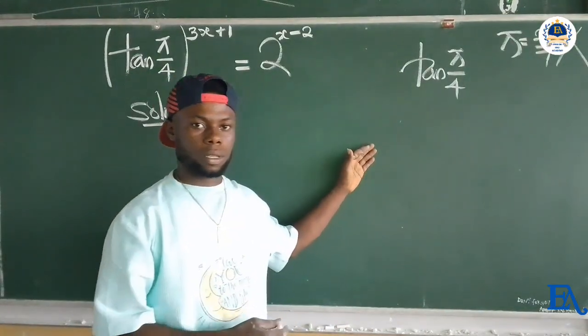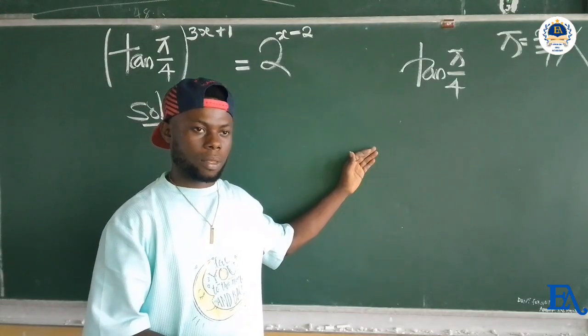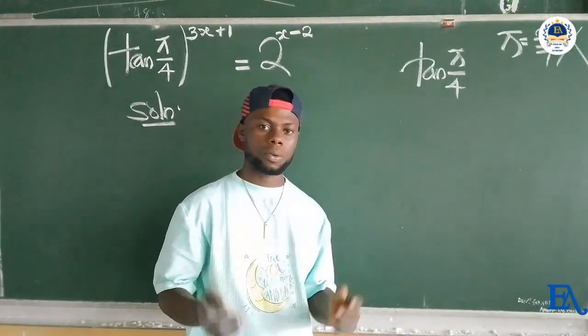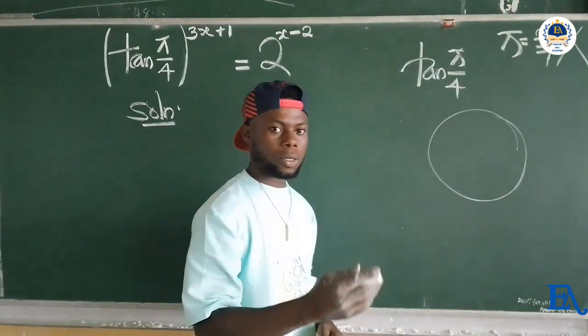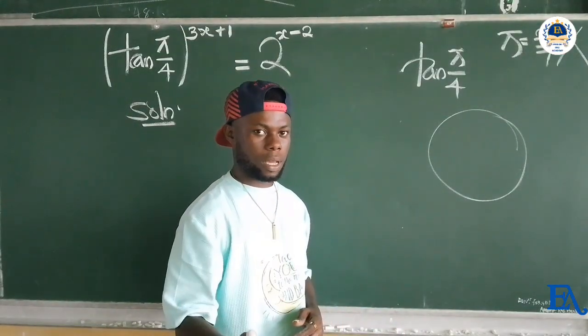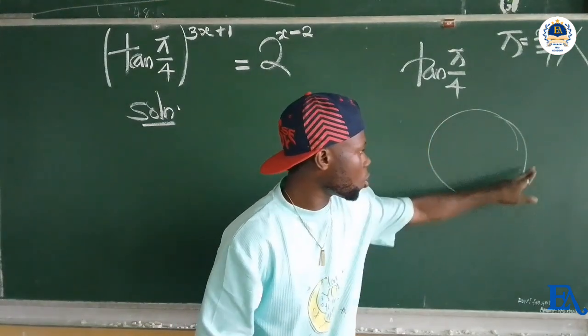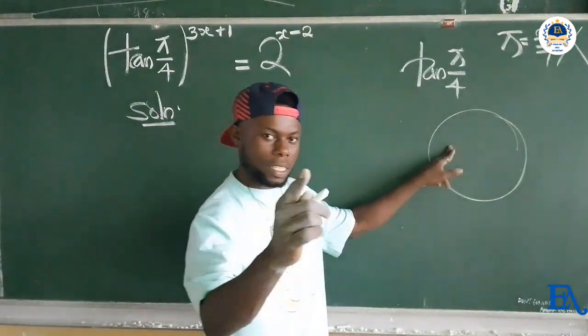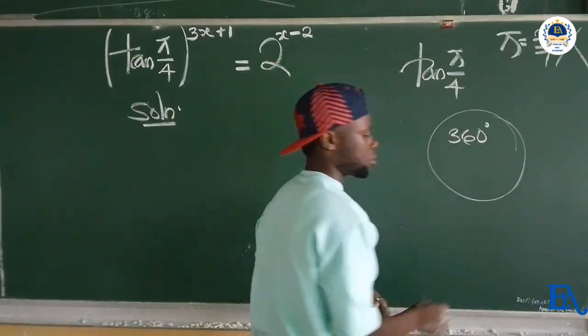Angles are measured in either degrees or in radians. If you are considering a circle, then one revolution or one circle in degrees is equal to 360 degrees.